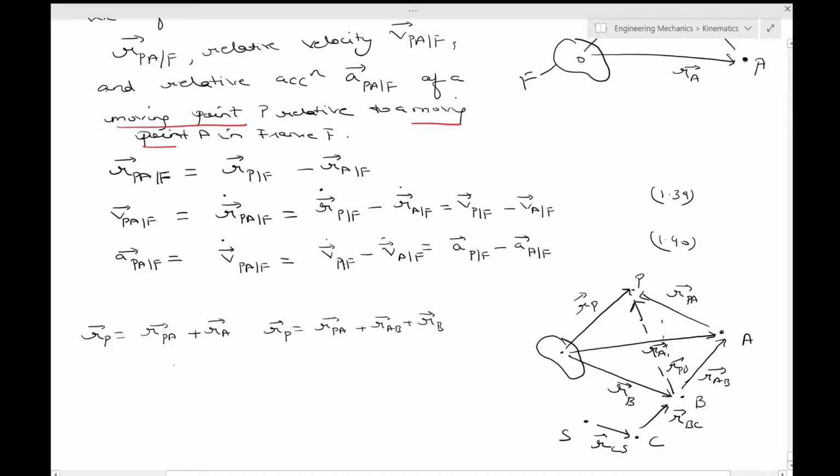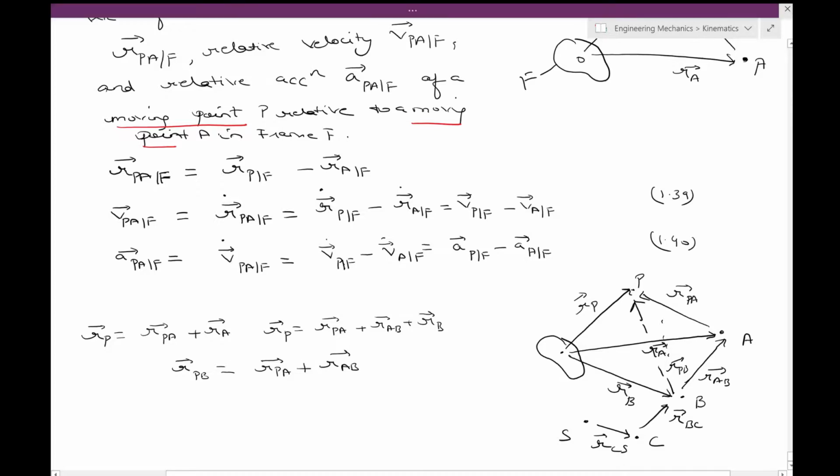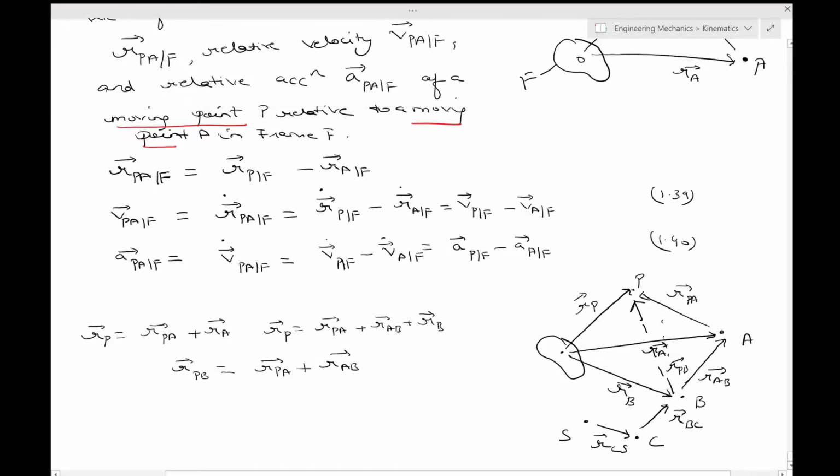Then you can lastly have RPB is equal to RPA plus RAB. Okay, so it's all straightforward vector addition.